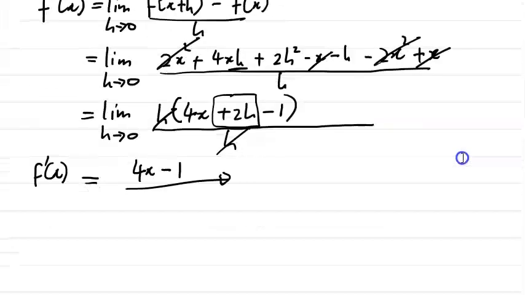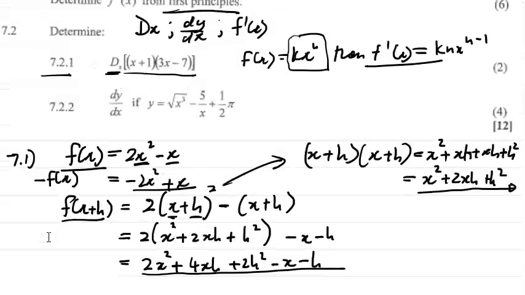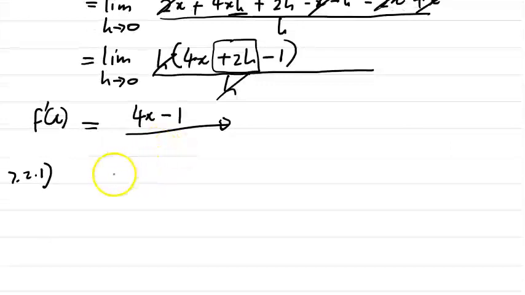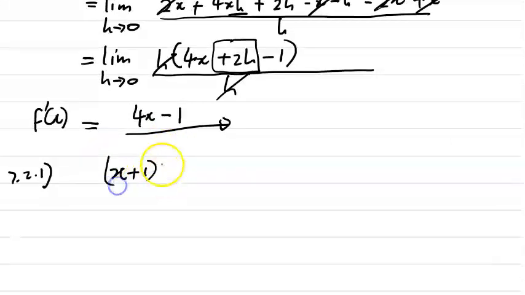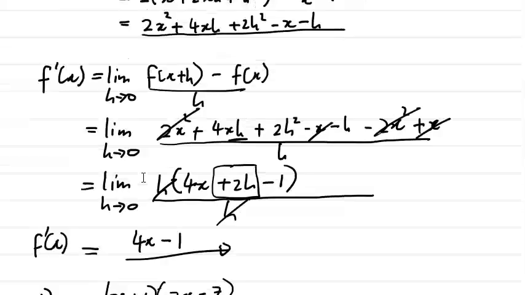7.2.1. So for 7.2.1, we're going to open out those brackets. So we've got (x + 1)(3x - 7), which is going to equal, let's open this bracket. So once again, (x + 1)(3x - 7).